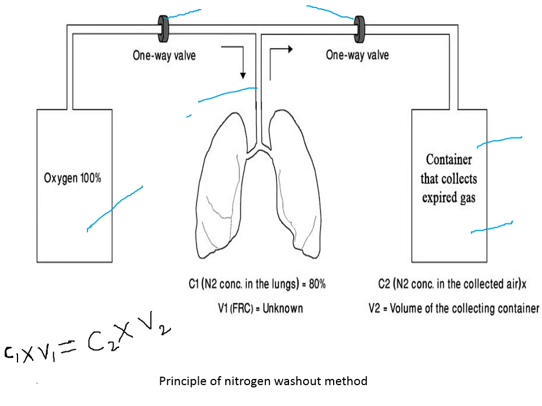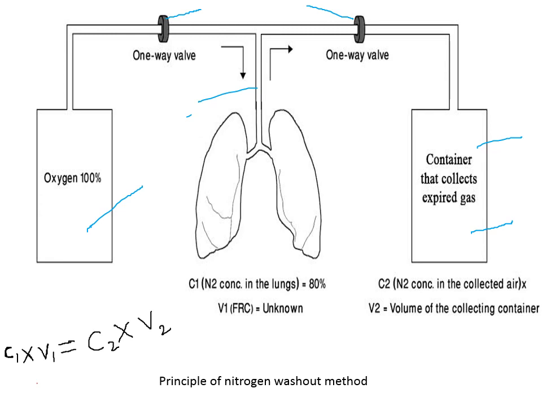Here C1 is the nitrogen concentration in the lung, which is normally 80%, and V1 is functional residual capacity, this is unknown, and C2 the nitrogen concentration in the collected container, and V2 the volume of the collecting container.